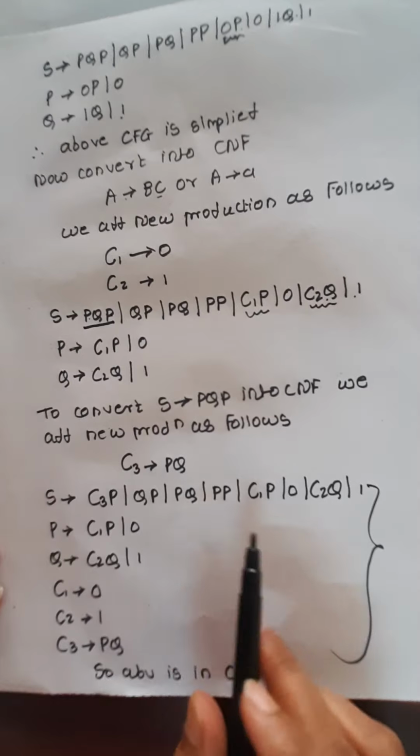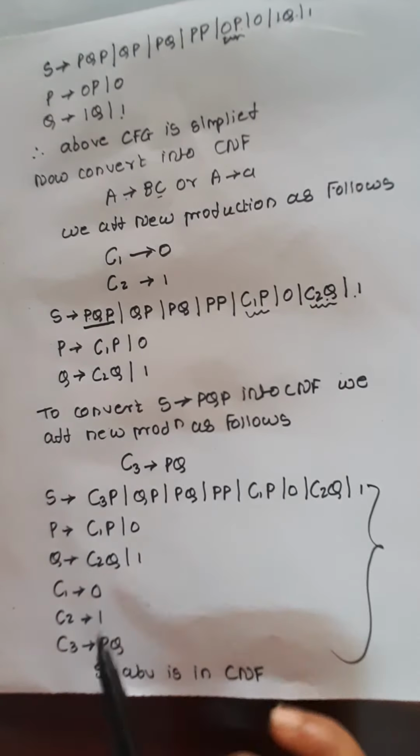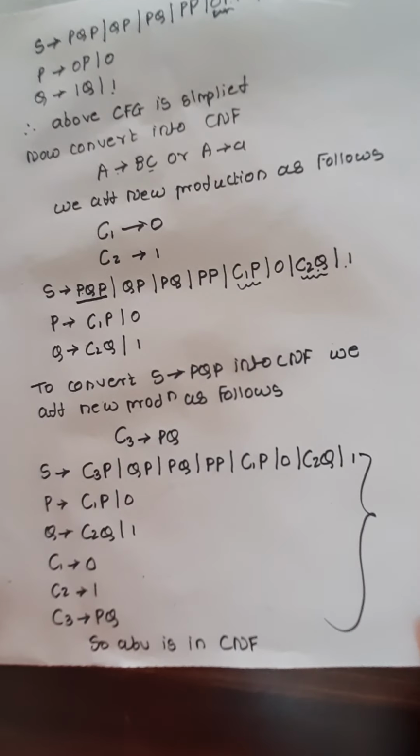Look here, every production follows the restriction, either having two non-terminals or a single terminal. Clear everyone? Understood this one? How we convert the CFG into the CNF? Keep in mind that the grammar should first be simplified and then converted into CNF. I hope everyone understood this one. Thank you very much.